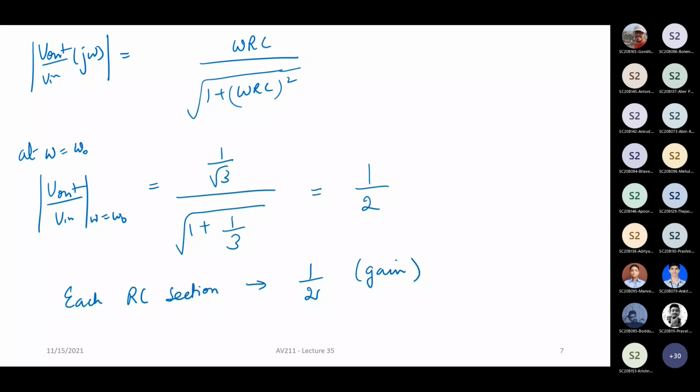So your K, the amplifier gain, has to be 1 by 2 the whole cube, the magnitude of gain. Okay, at least if it is greater than or equal to, then if it is equal to, your Barkhausen's condition is satisfied. Correct. Your loop gain becomes 1. So both magnitude wise and phase wise, if you calculate your loop gain.